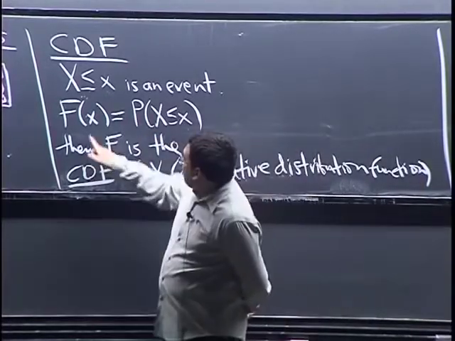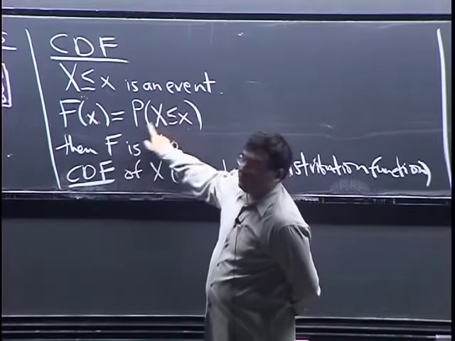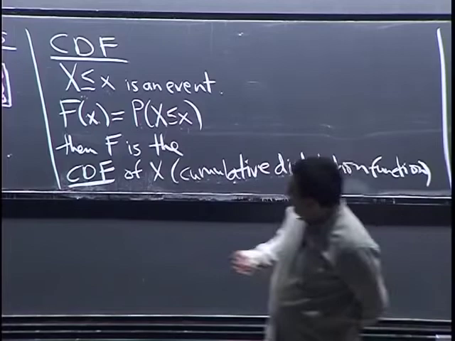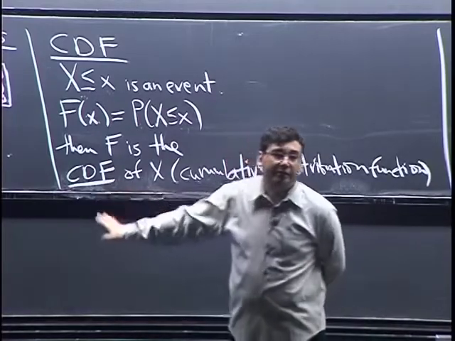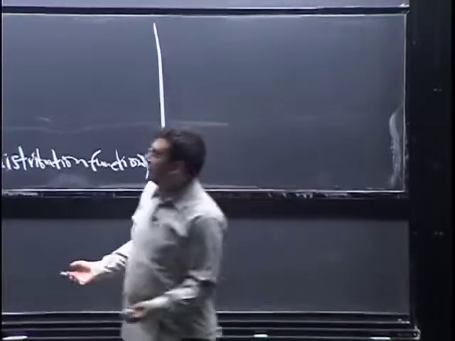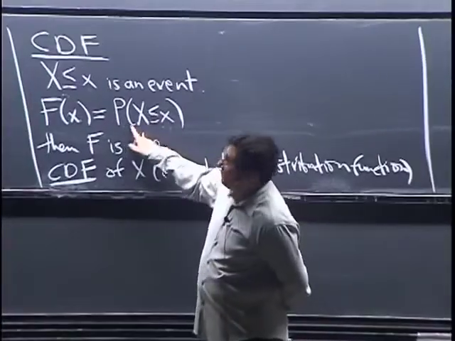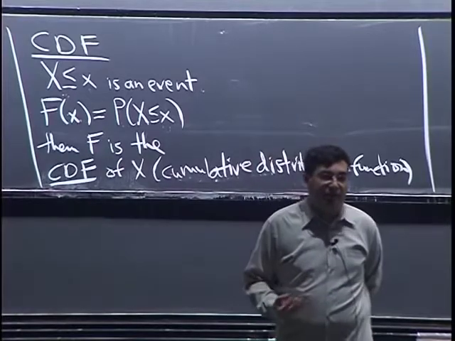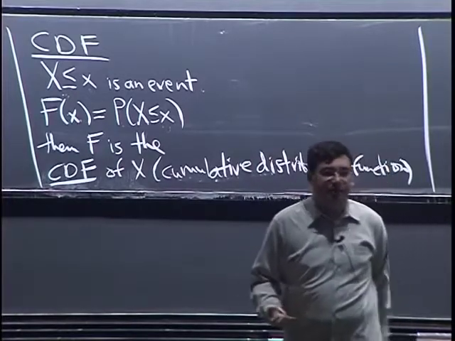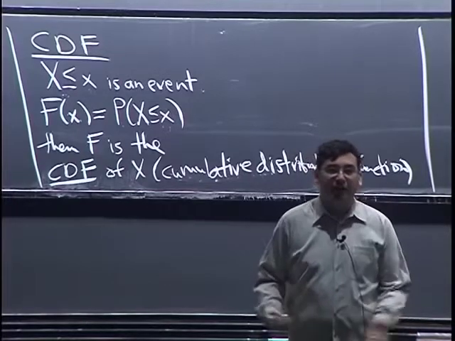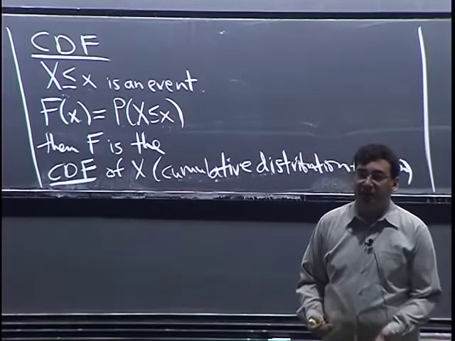So this is saying, as a function of little x, the probability of this event, that's called the CDF, and that's just one way to describe the distribution, okay? It's not the only way. There are other ways to describe a distribution, but this is one way that, in principle, determines all possible probabilities about X. So if later we wanted to know what's the probability that X is between 1 and 3 or between 5 and 9, we'll do some examples like that next time.